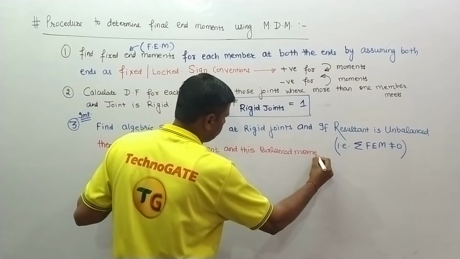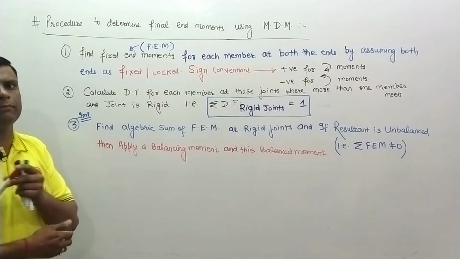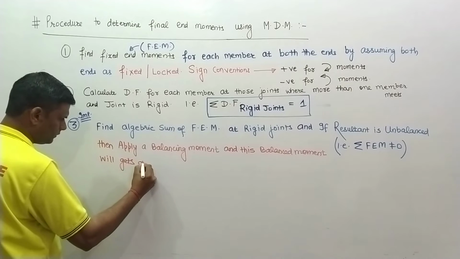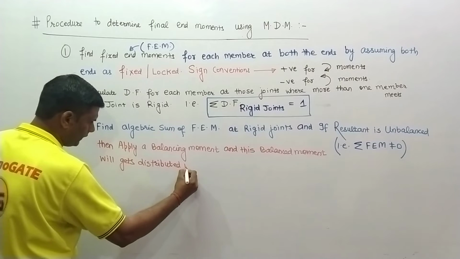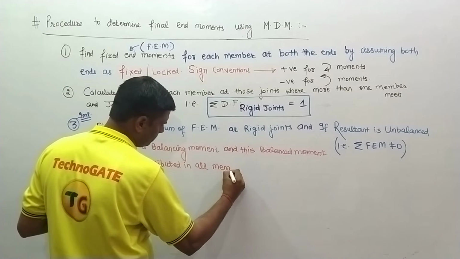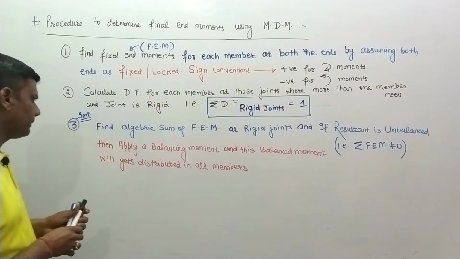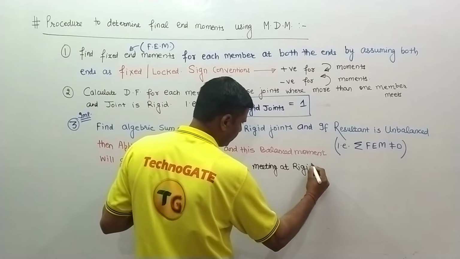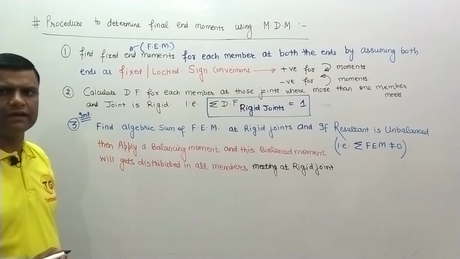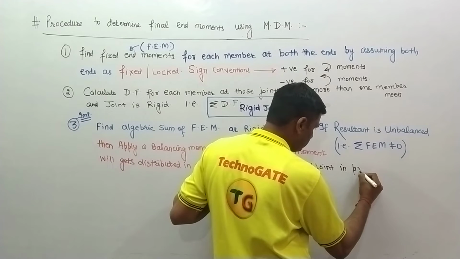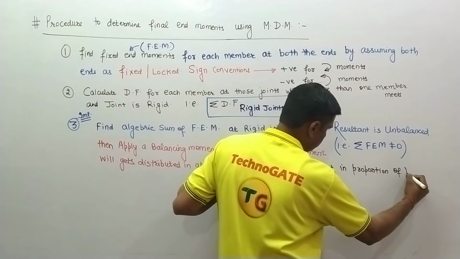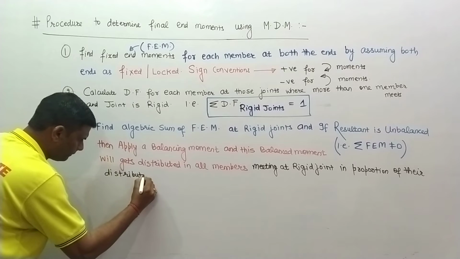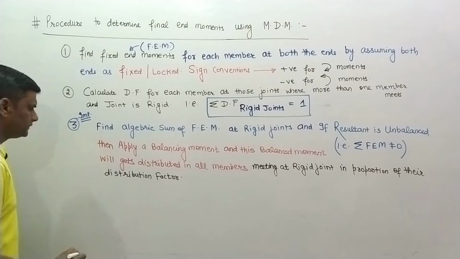This balanced moment will get distributed in all the members meeting at that rigid joint in the proportion of their distribution factor.